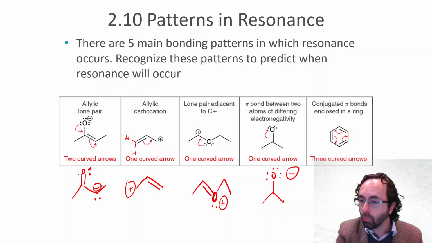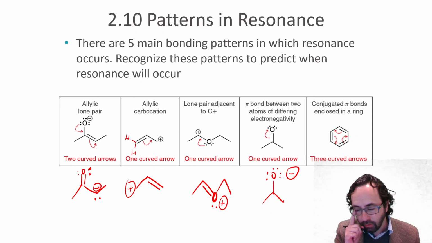In addition, there's one more resonance pattern: when you have a conjugated pi bond ring, a ring with alternating double and single bonds, the electrons are moving all throughout that, so we represent that by just moving each double bond by 1 location.